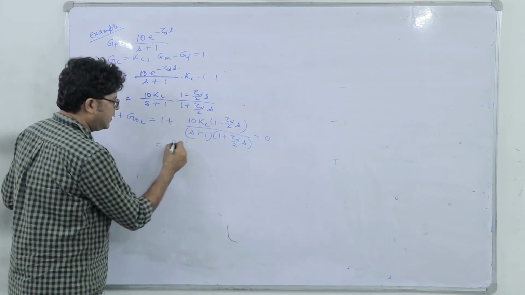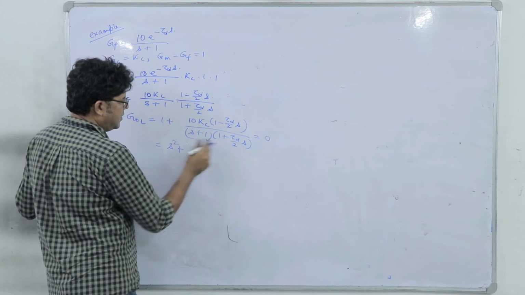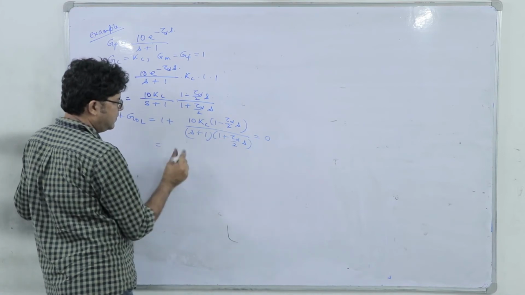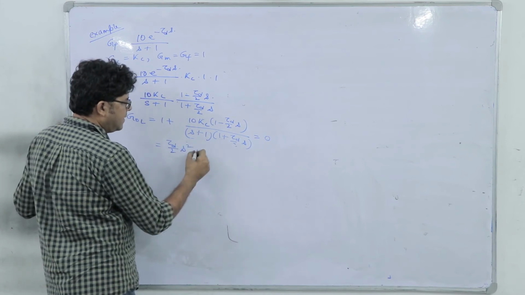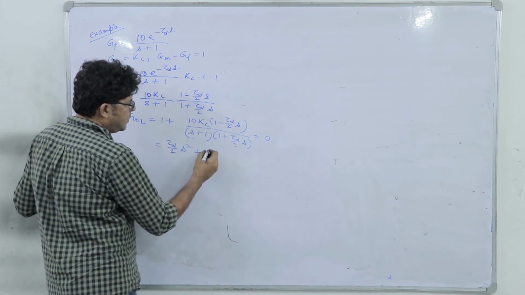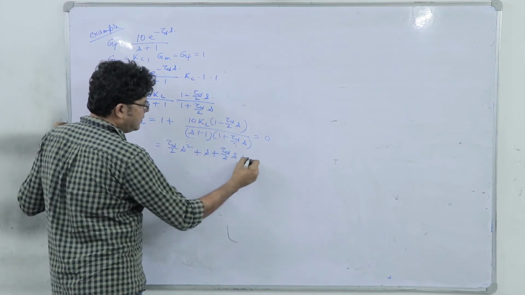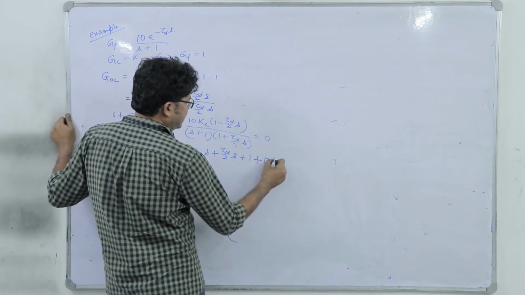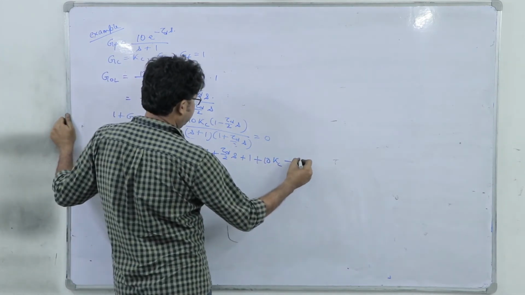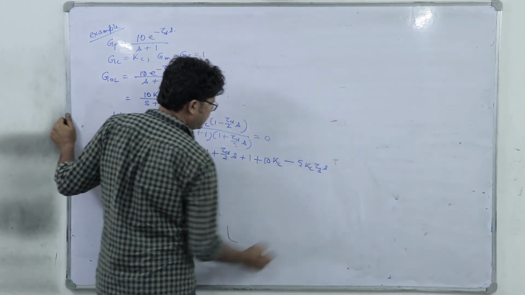So, this is tau_d by 2 s square plus this s plus tau_d by 2 into s plus 1 plus 10 Kc minus 5 Kc tau_d into s.